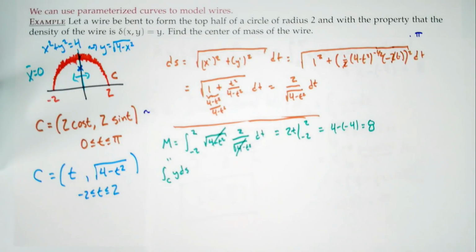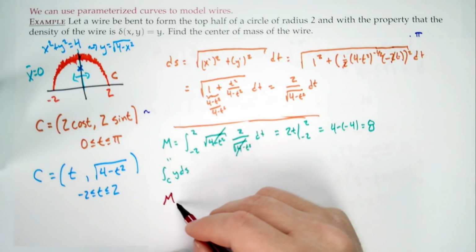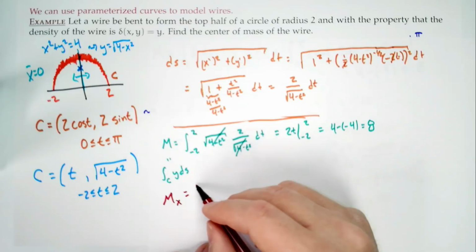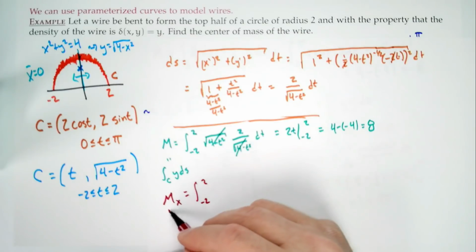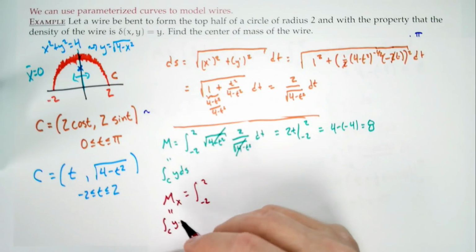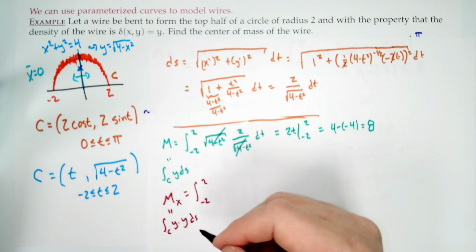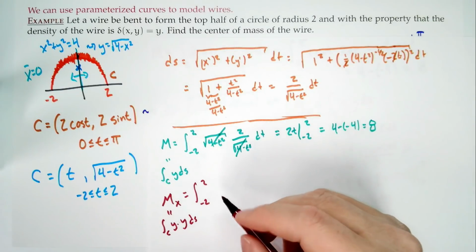Okay, what about our other computation, our moment with respect to the x-axis? Well, that'll become the integral -2 to 2. Now remember, it's the integral along the curve of the distance to the x-axis, which is y, times y ds. That means I'm integrating y squared.